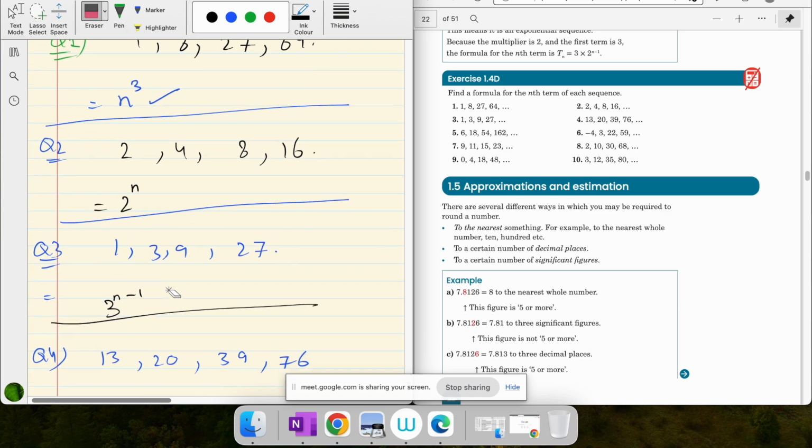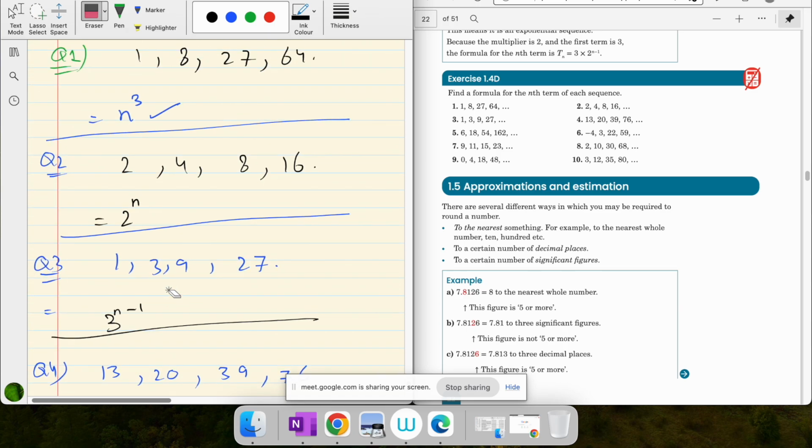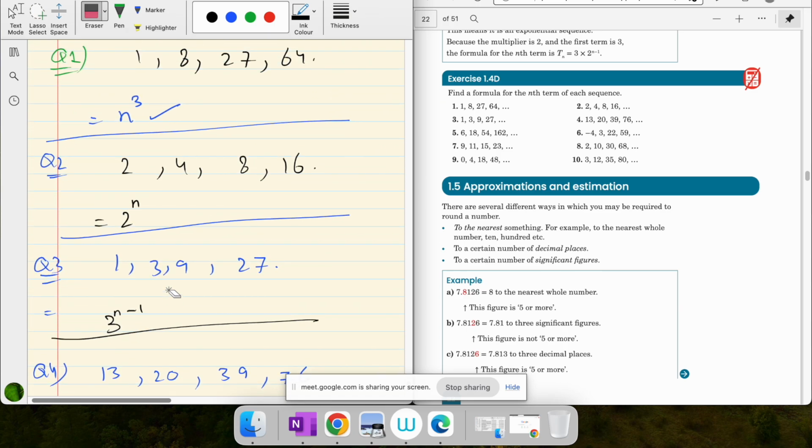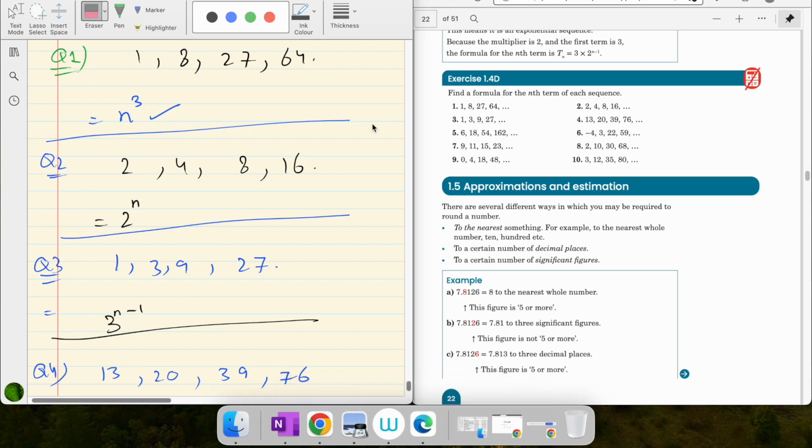1, 12 more, 8, 12 more, 27, 12 more. Look at the first sequence. Can you see them both in the screen? This one right here and this one. Look at both of these.